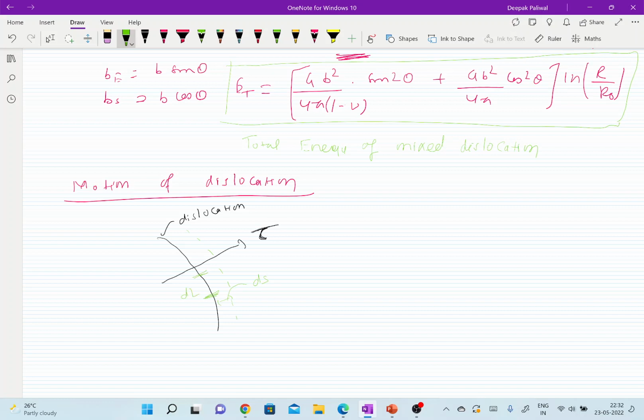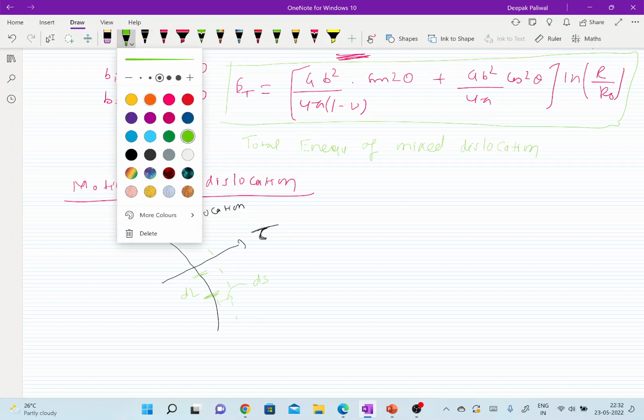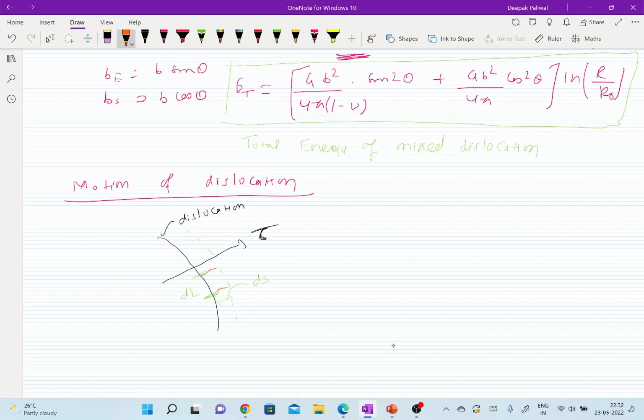Let me draw more clearly. So this is the area swept by this line segment of unit length by moving a unit distance.